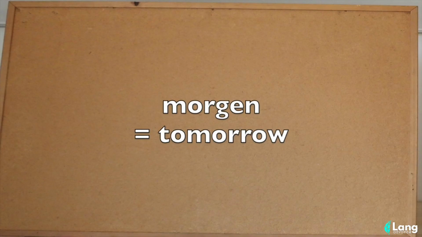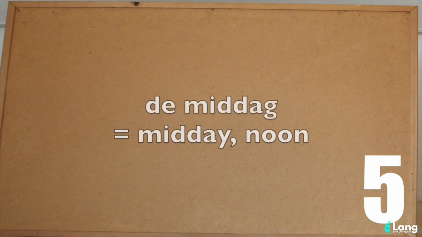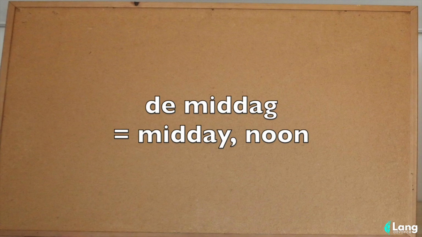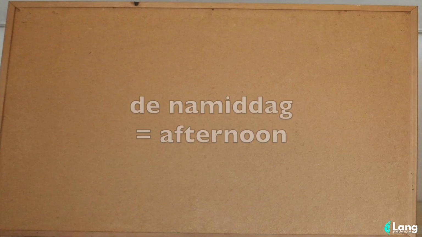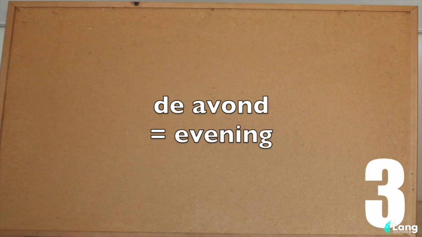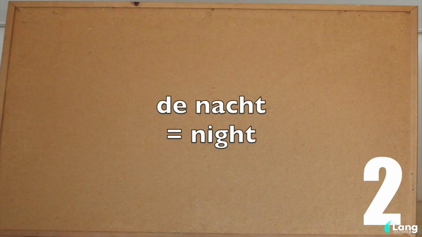Morgen means tomorrow. De morgen is morning. De middag is midday or noon. De namiddag is the afternoon. De avond is the evening. De nacht is the night.